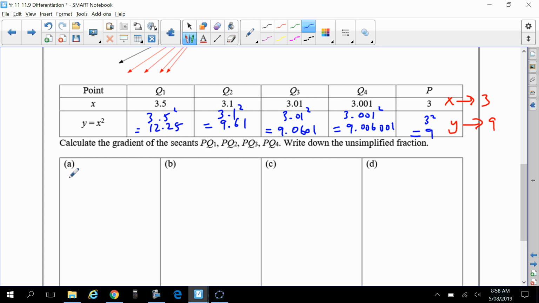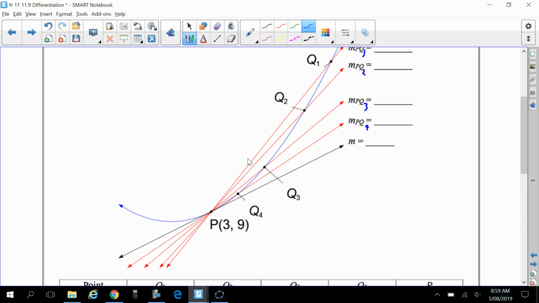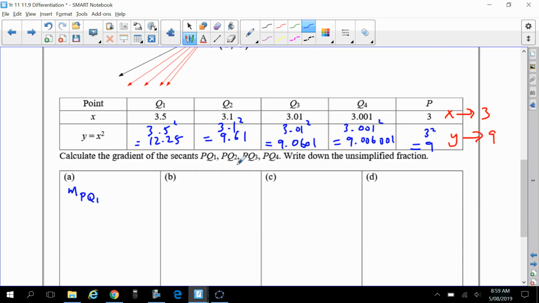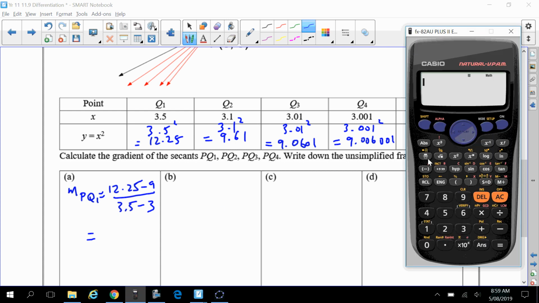The gradient of PQ1, which is the gradient of that first secant, the red line. Let's work out the gradient using the formula y2 minus y1 over x2 minus x1. So you do 12.25, the y value, minus 9, over 3.5 minus 3. However, I want you to see it with your eyes.